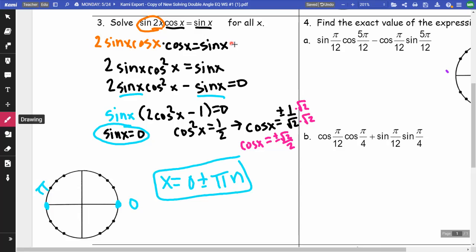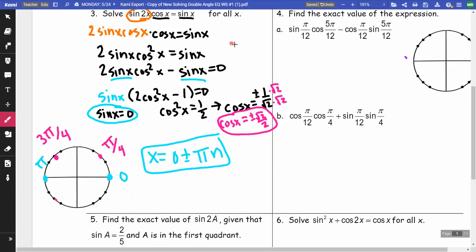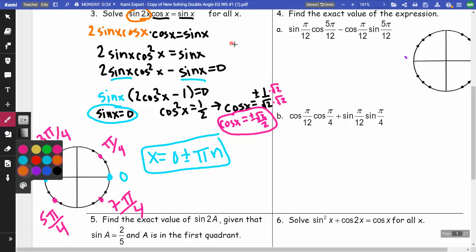And for my other one that's in pink here, okay, that's my pi fourths. So I'm going to be here at pi fourths, at 3 pi fourths, at 5 pi fourths. That's a 4. And over here at 7 pi fourths. And then if I'm looking at the distance between these, from pi fourths to 3 pi fourths is 2 pi fourths.